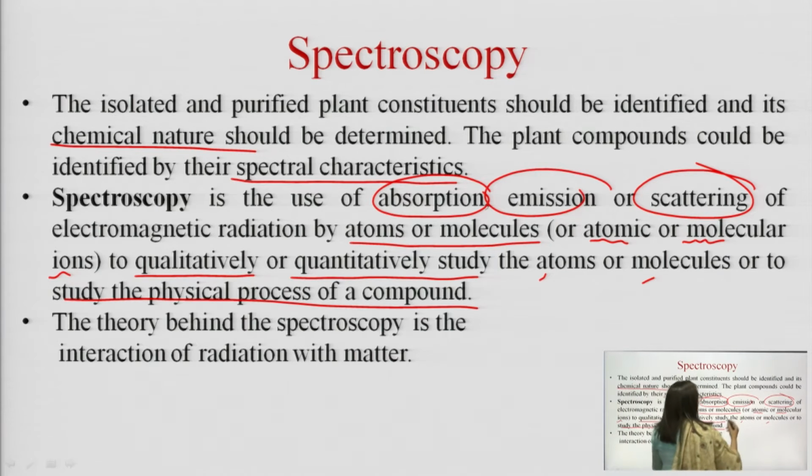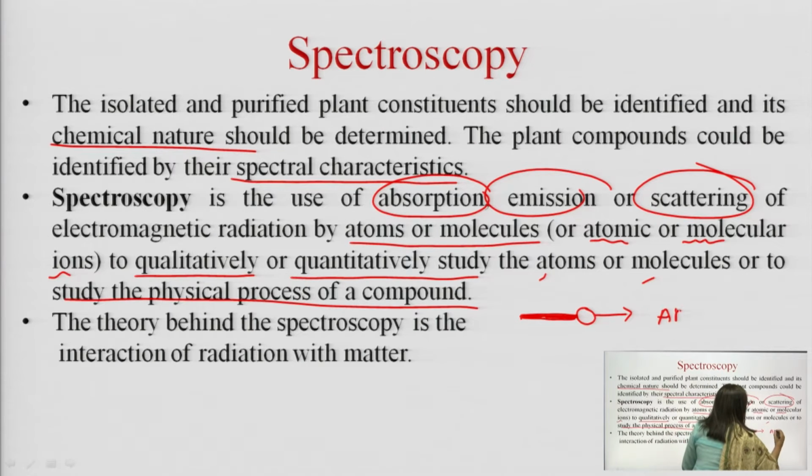Illustrating the terms, absorption, emission or scattering are the properties of light. When the light or the electromagnetic radiation reaches a sample, some amount of the energy from that is absorbed by the sample and the lesser energy radiations are released.